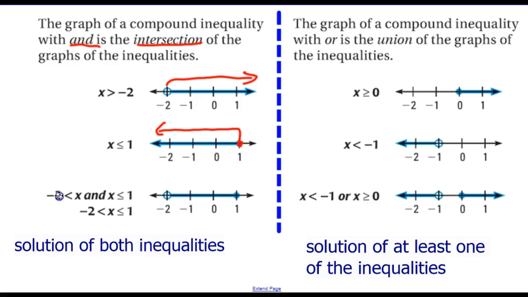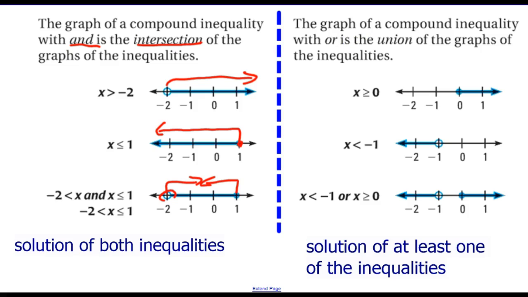So -2 is less than x, and x is less than or equal to 1, has our open circle pointing to the right, and our closed circle pointing to the left. So that's the intersection. X is a solution of both of the inequalities.